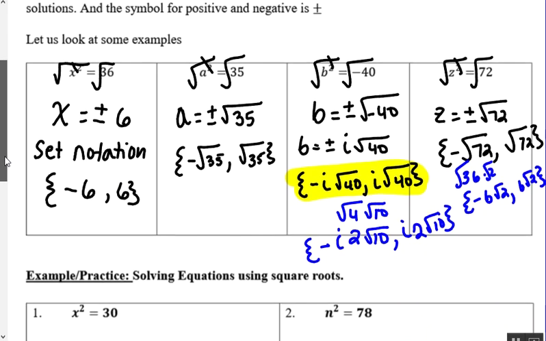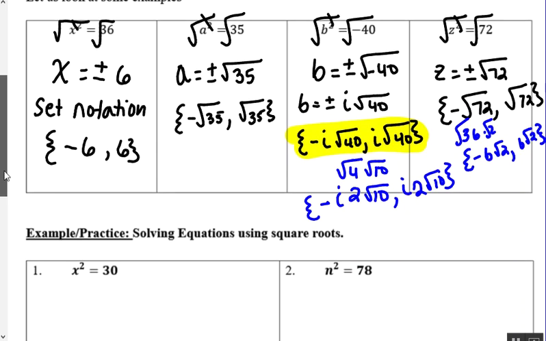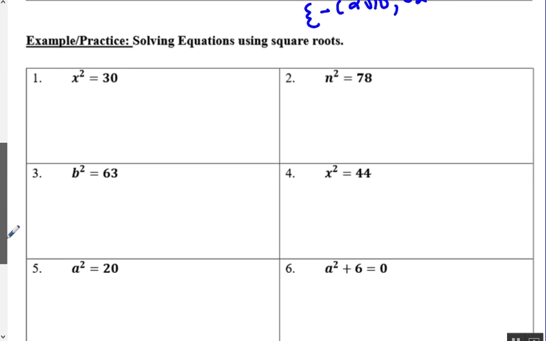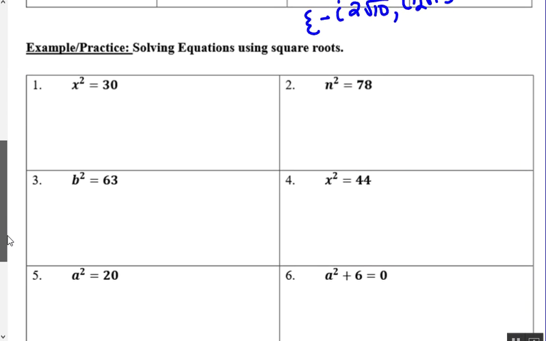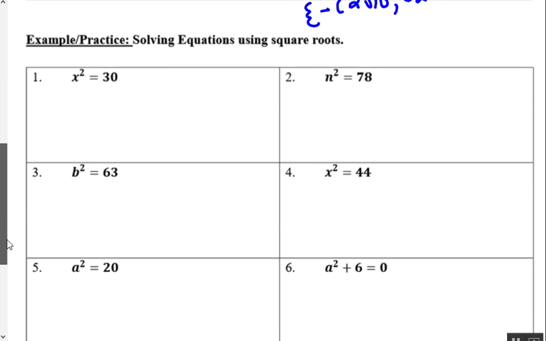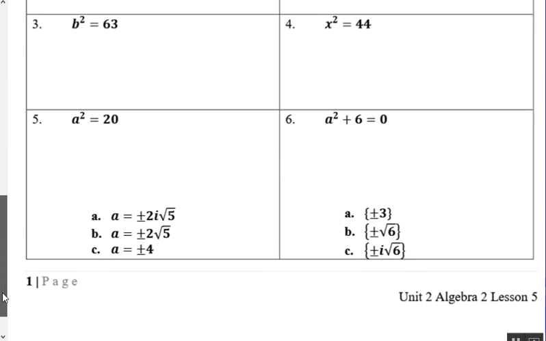Okay, and that's that. So here's some examples for you to try. You can simplify it or you can leave it just the way it is. I don't care. That's fine with me.